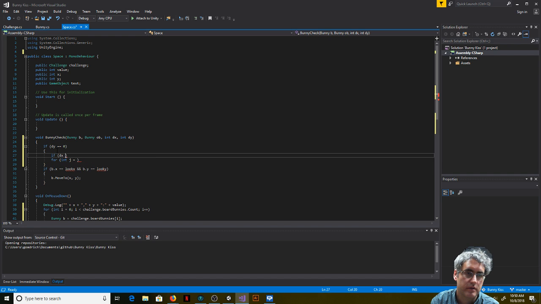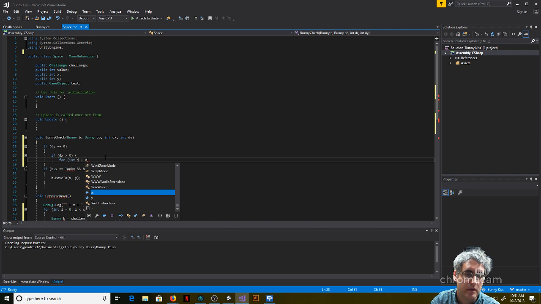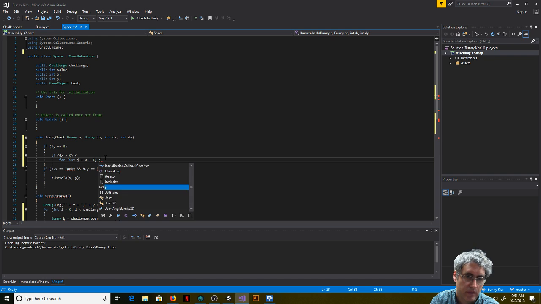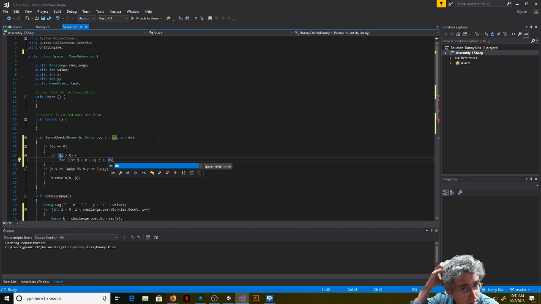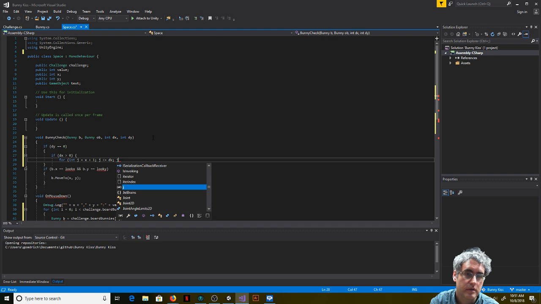Well, if dx is greater than 0, then let's do our for loop for j equals x plus 1, j less than or equal to dx, j plus plus.